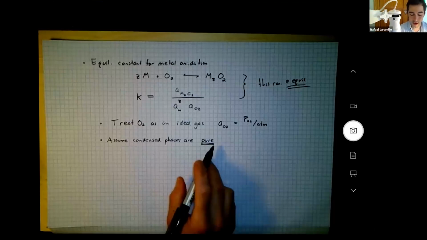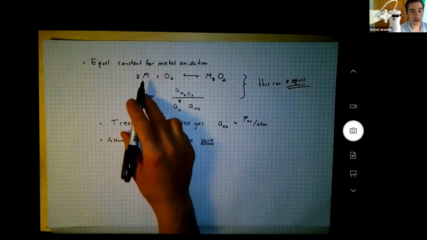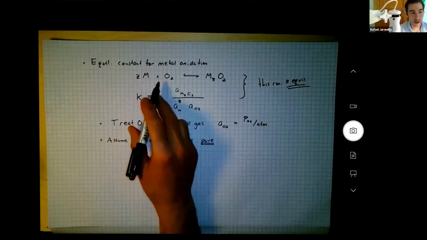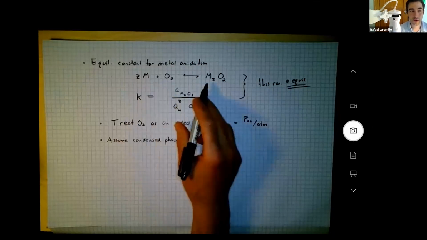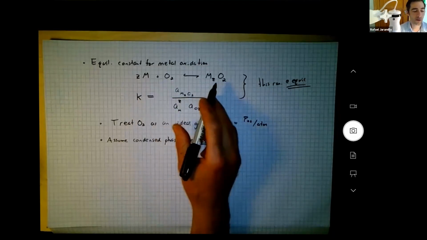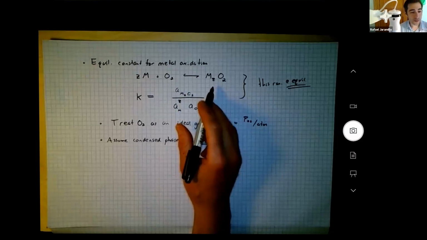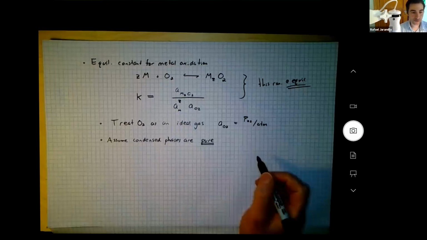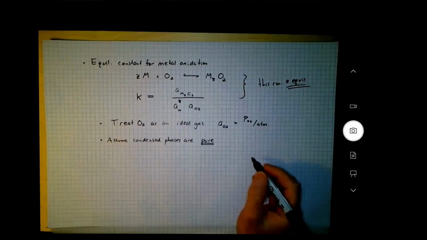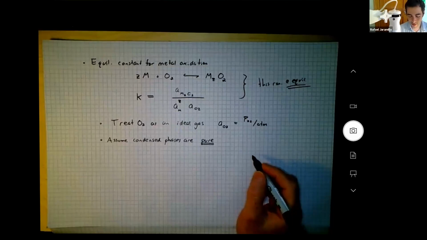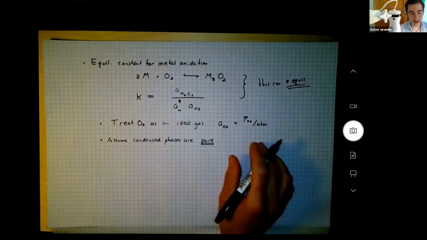That's saying that this metal does not dissolve any oxygen. And it's saying that this oxide is what? What kind of a compound is always at fixed stoichiometry? Like a perfect crystal. No, not a perfect crystal, actually. It'd be something else. We learned this just 2 days ago.